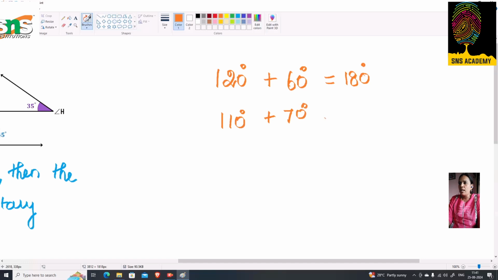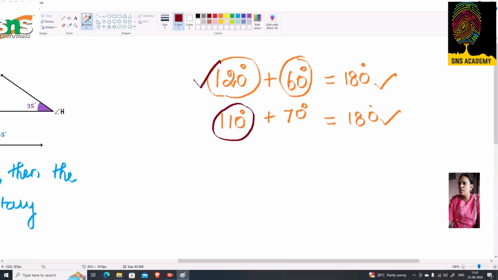When you add, the sum is 180 degrees. So when the sum of the angles is 180 degrees, then we can call these angles, 120 and 60, and 110 and 70 degrees, by a special name.